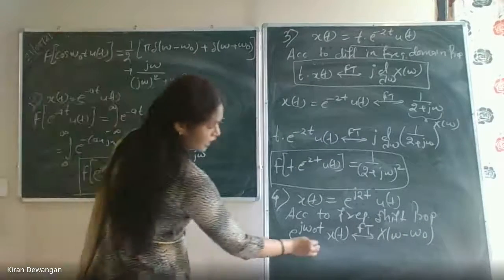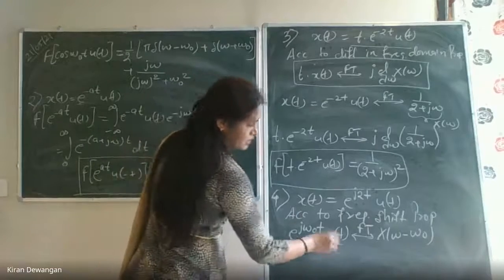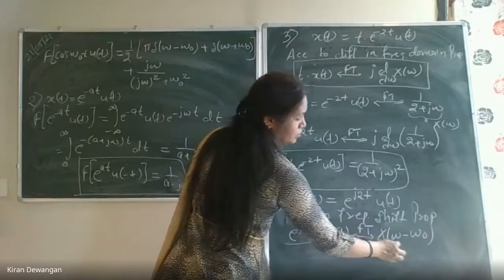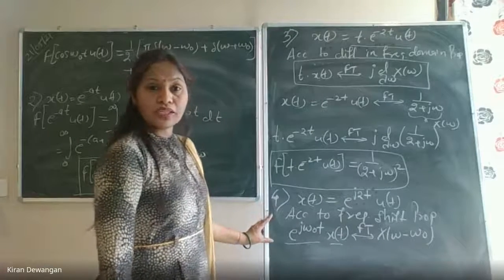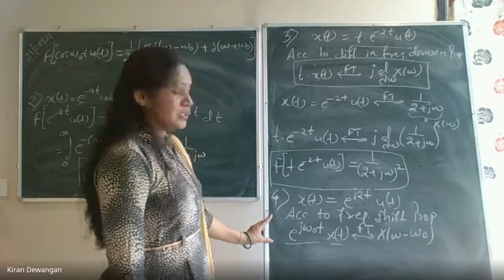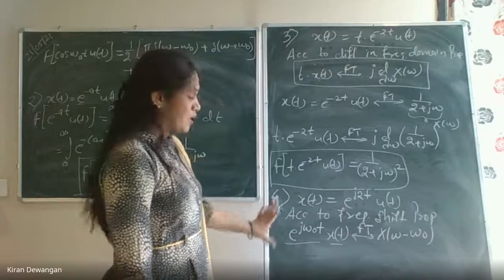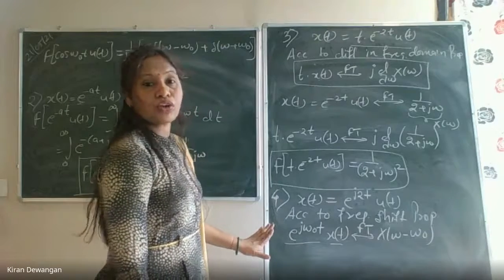Now if I am multiplying this to x(t), the Fourier transform is X of omega minus omega naught. Now these properties are very important, as I have already explained in the previous lecture. Because by making use of these properties only we solve the numericals.